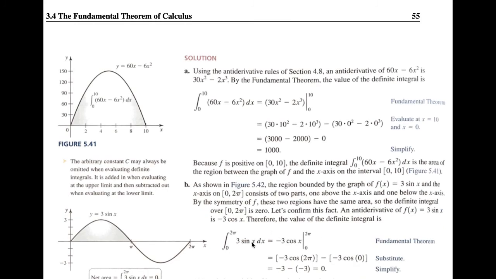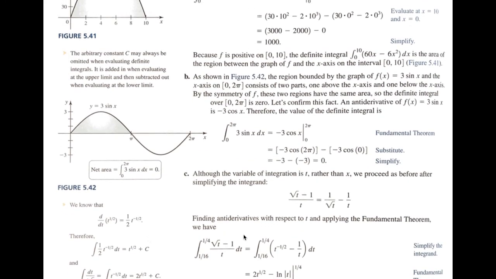We can't do the second example because we don't know yet about the derivative of sine and cosine. This will be the first thing we do in August next semester. C doesn't look good at first sight, a complicated function, but then we see that we can simplify the function and write it as a sum of powers, t to the minus 1/2 and t to the minus 1.